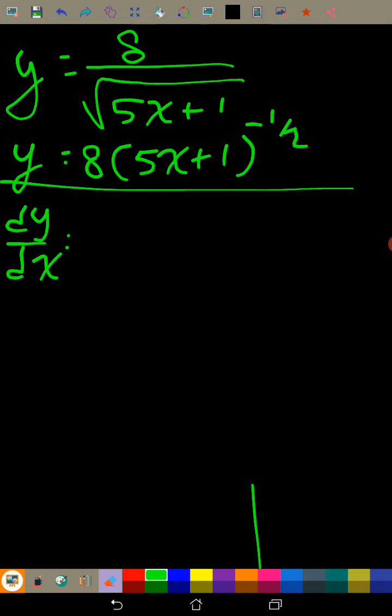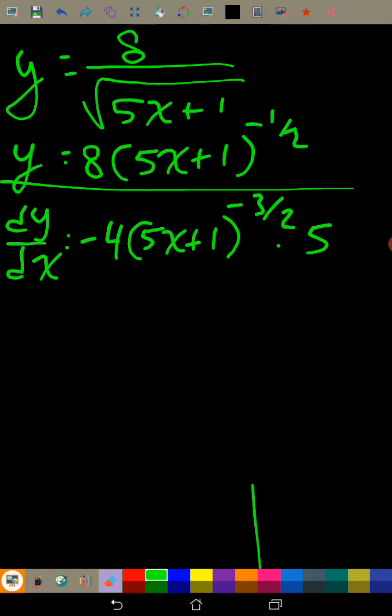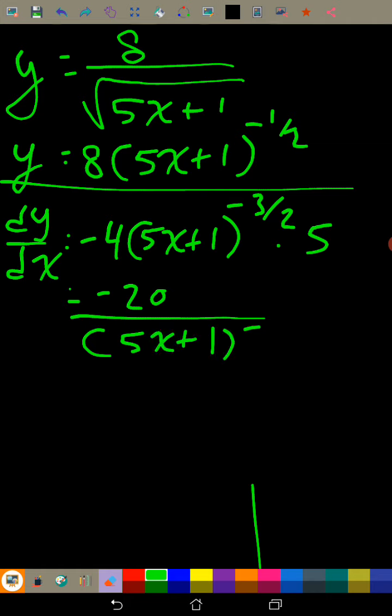We have 8 times minus half, we get minus 4, 5x plus 1 to the power minus 3 over 2 times 5, so we end up with minus 20 over 5x plus 1 to the power 3 over 2.